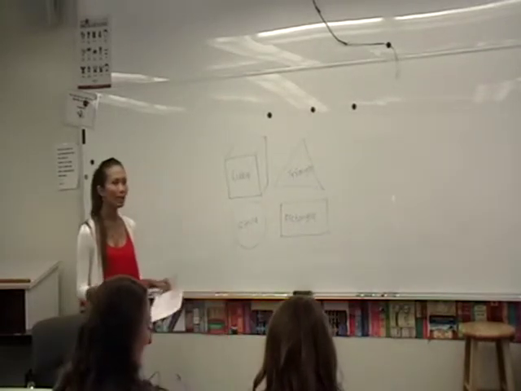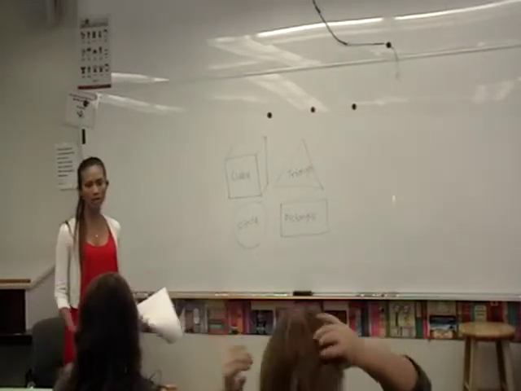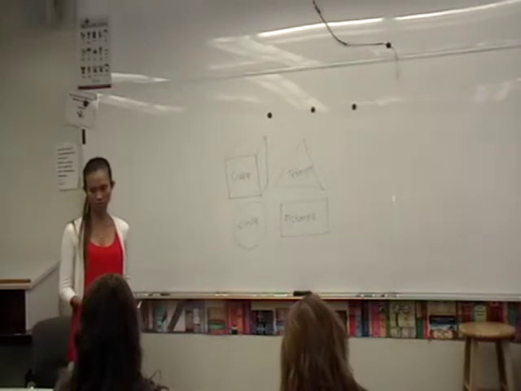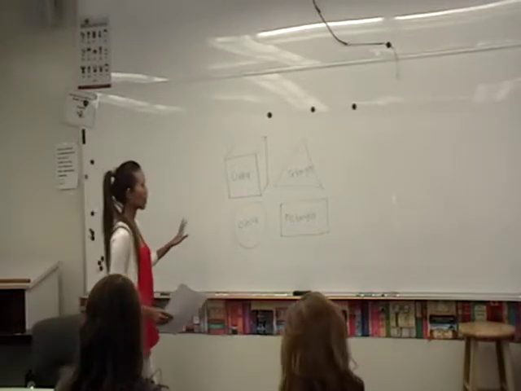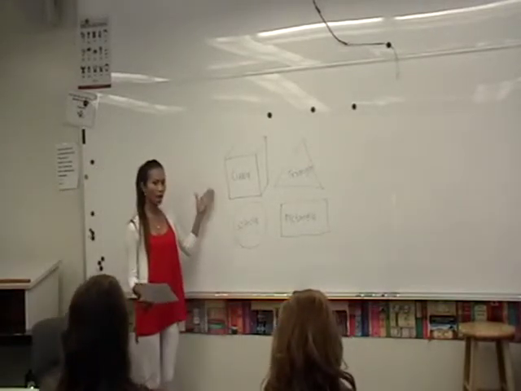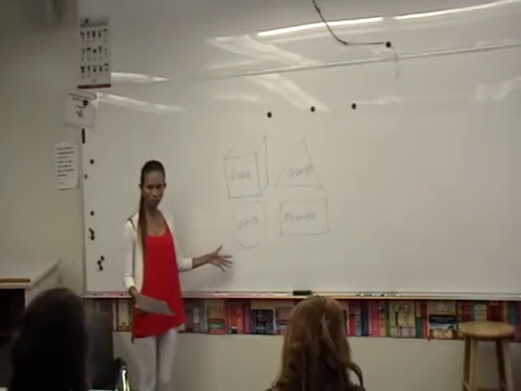So, why is it important for us to be able to analyze or identify shapes? Because there are shapes everywhere. Mm-hmm. Well, why do you think in math we are learning to identify the different kinds of shapes? What's the benefit?